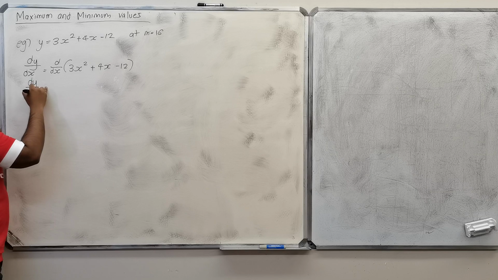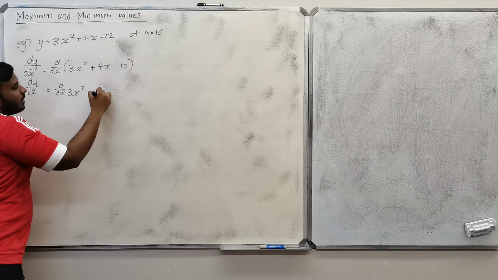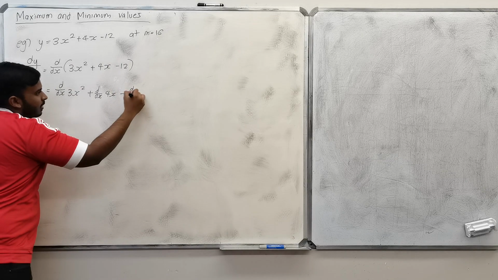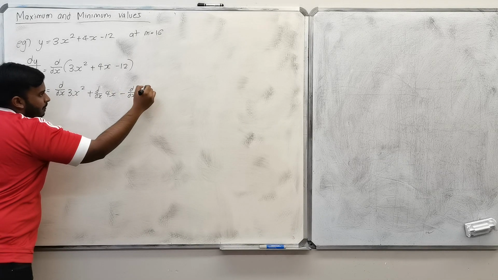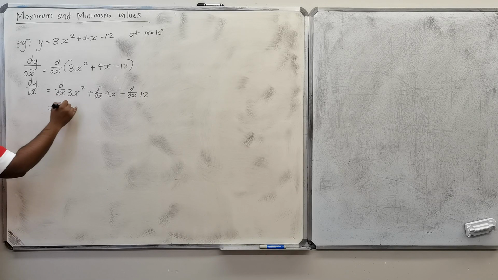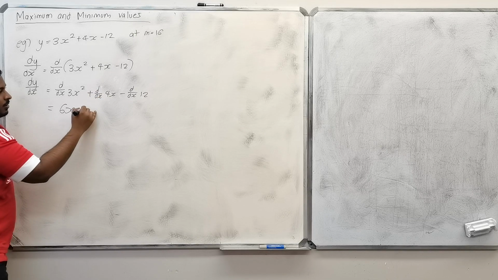dy over dx is equal to d over dx of 3x squared, so the derivative of 3x squared is 6x, and then the derivative of 4x is 4, and the derivative of 12 is 0.